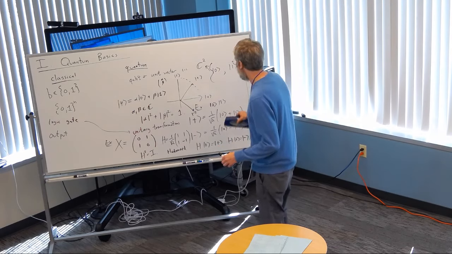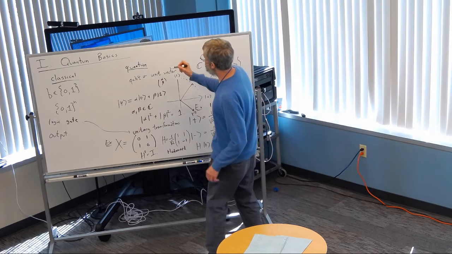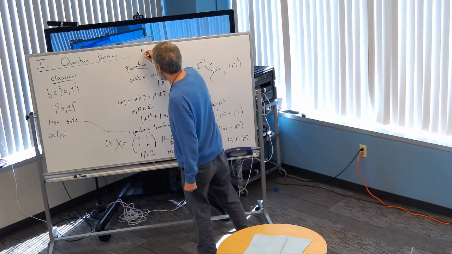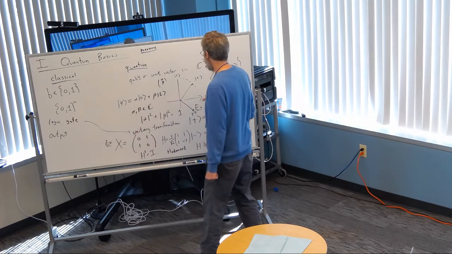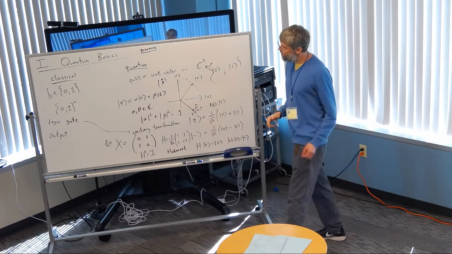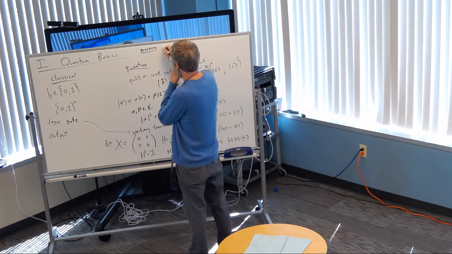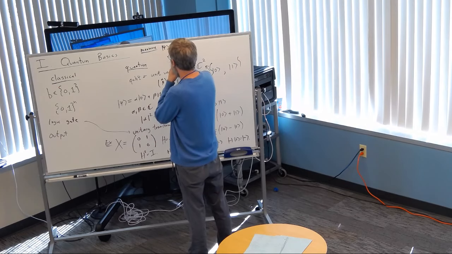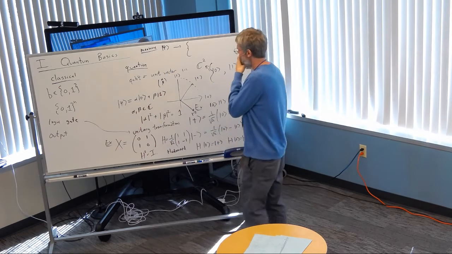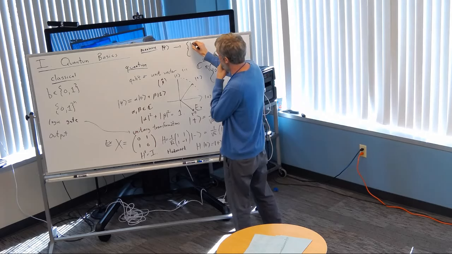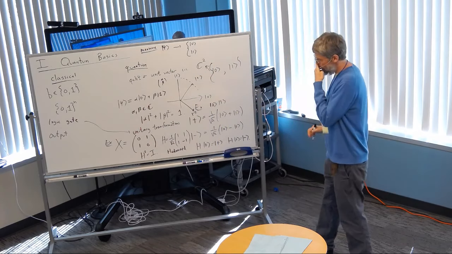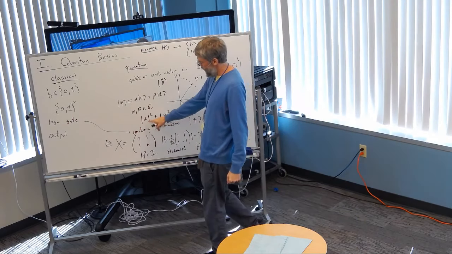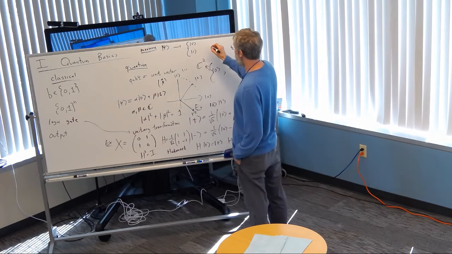I'll just scribble up here. So I'm going to tell you what it means to measure in this basis. If you measure psi, what happens is psi collapses either to the 0 state or to the 1 state with probabilities equaling the square norm of the coefficients.